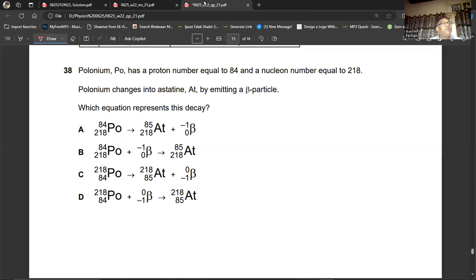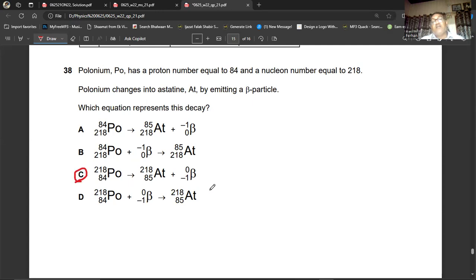Whenever a beta particle is given out, the daughter nucleus proton number is one more as compared to the parent nucleus, and its nucleon number does not change. Here you see the proton number has increased by 1 and the nucleon number has not changed. So this is the right statement.